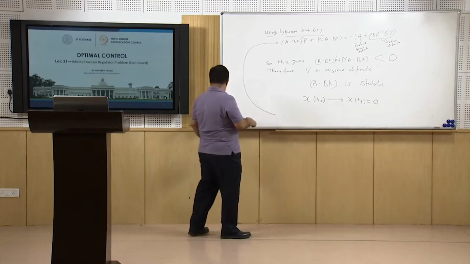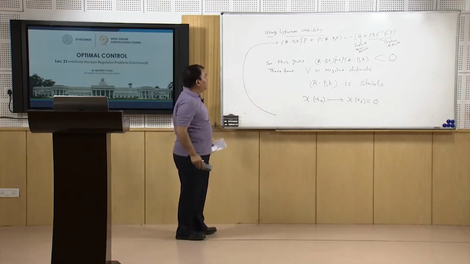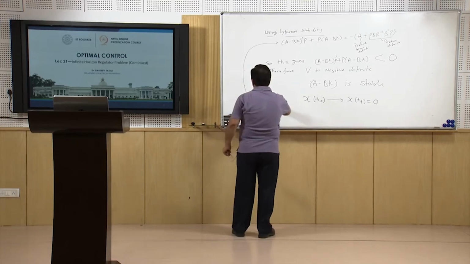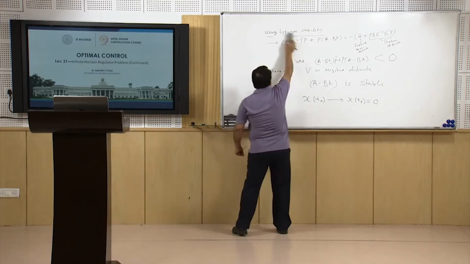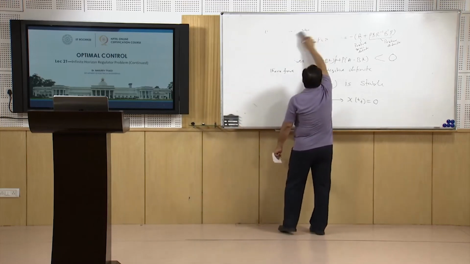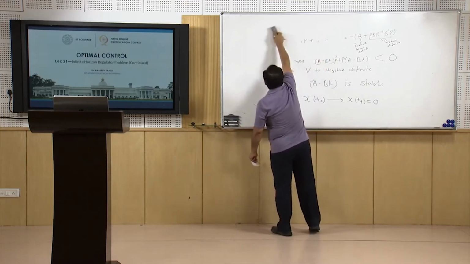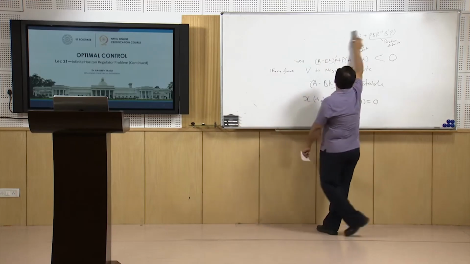So, in the next, let us take an example to show what we have studied about the linear quadratic regulator system for the linear time invariant case.